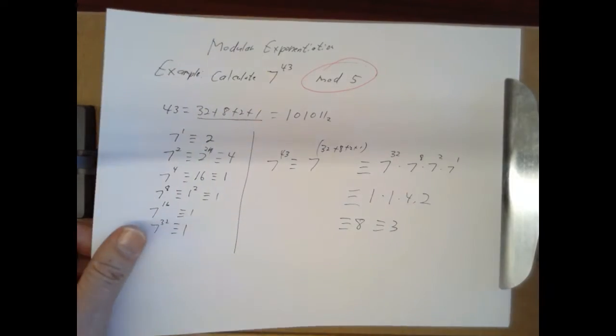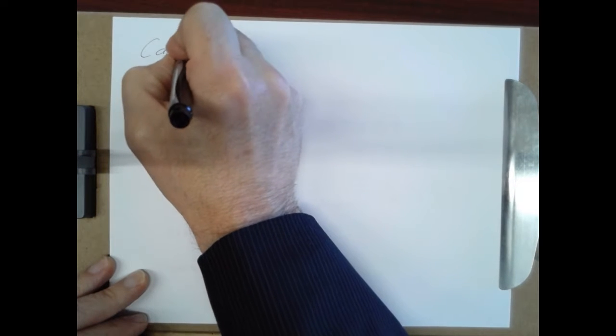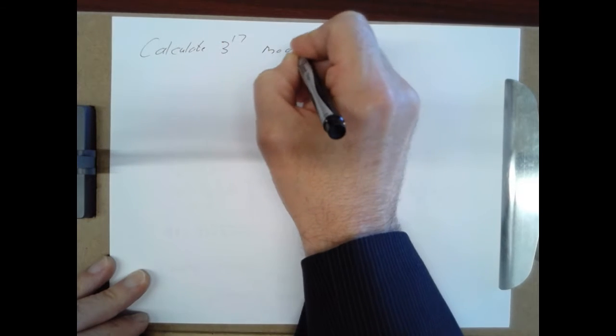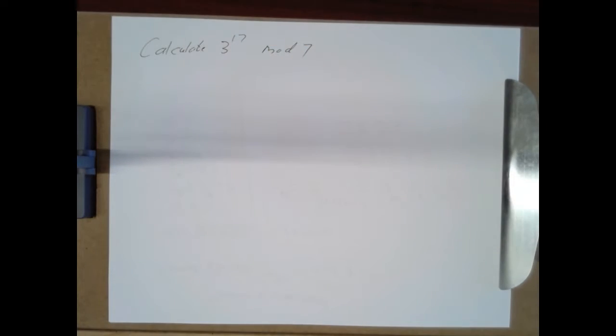All right, do you want to try a different one of those? So let's find 3 to the 17th modulo 7.